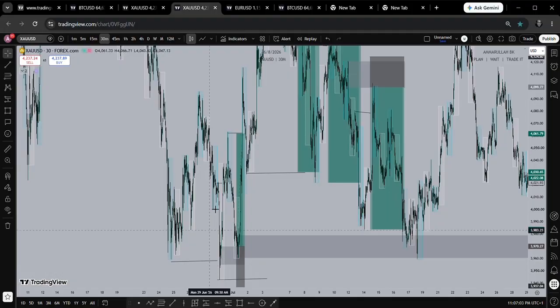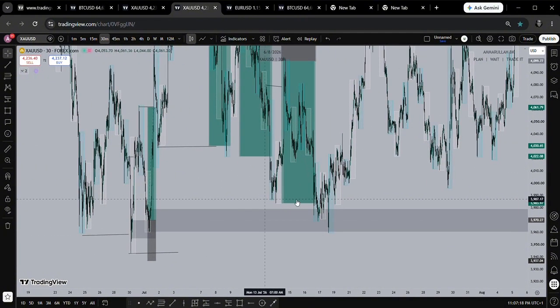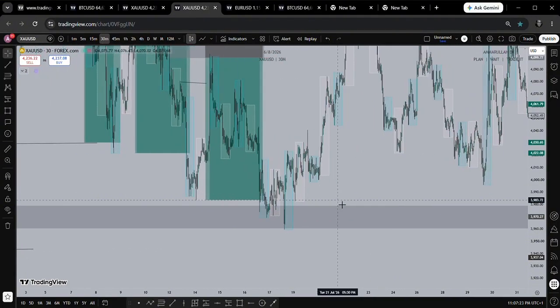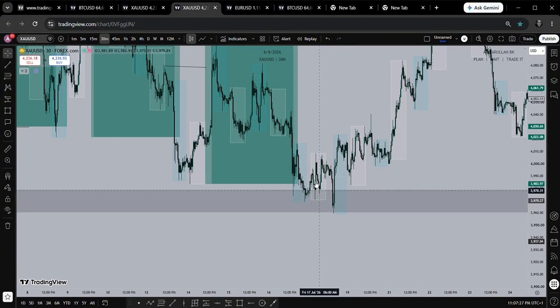After this sweep, don't forget I told you the market had this break of structure, this first inducement, first reversal as an inducement, and it left this area of demand. So now the market reached the area of demand. What we will be expecting the market to do is to turn direction to the upside, which it did.